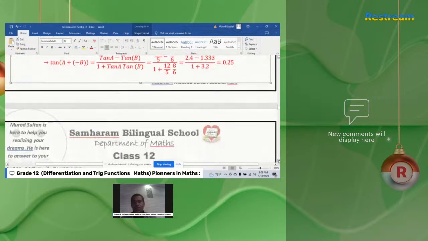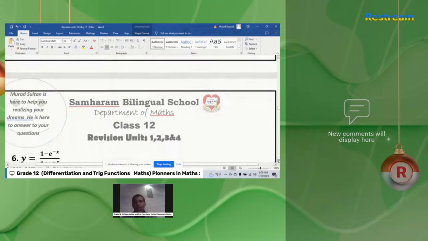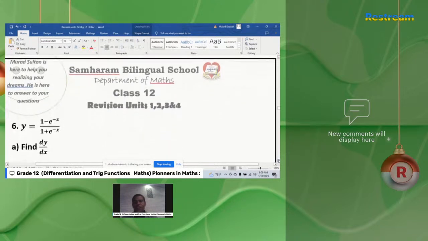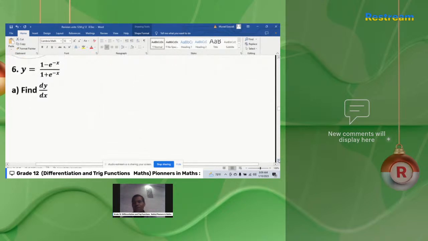The question is that I will use this again. Yes, I will use it. No problem. So learners, let's focus on the second question. Question 6. We have y equal to 1 minus exponential minus x divided by 1 plus exponential minus x.